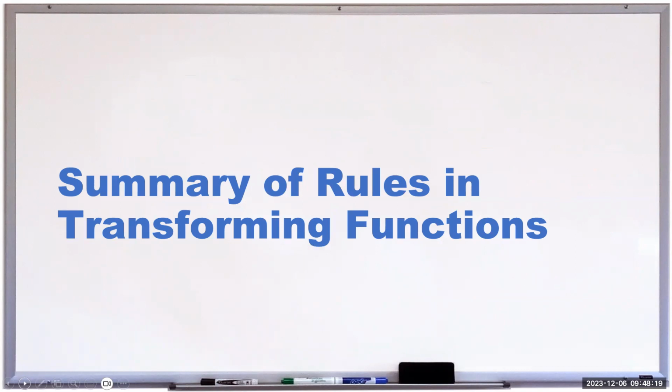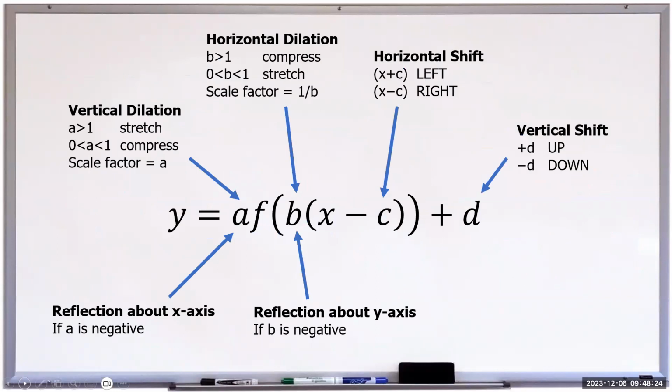So here is the summary of rules for transforming functions. In general, if all transformations are present in your function, then from our simple parent function, it can transform into this form: y is equal to a f of b times (x minus c) plus d, wherein your a, b, c, and d represent your different types of transformation.